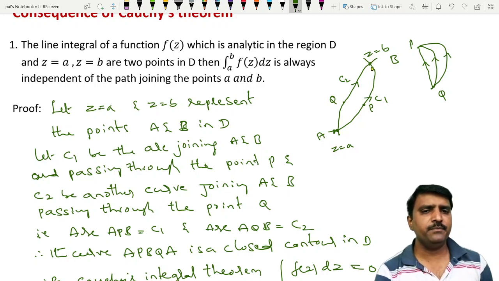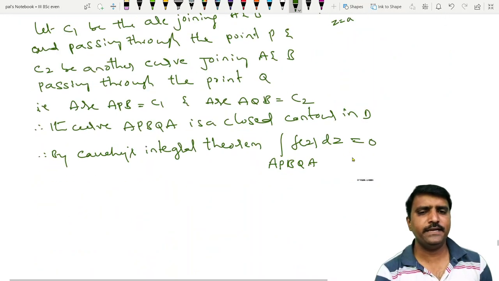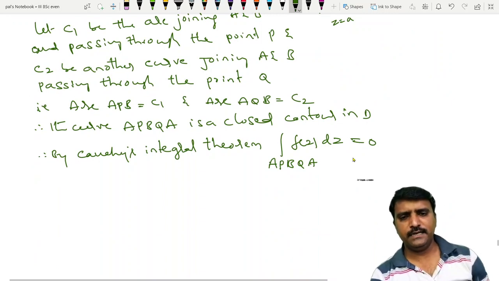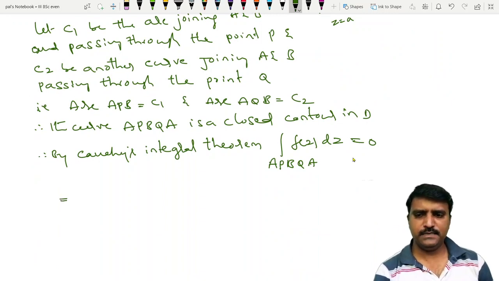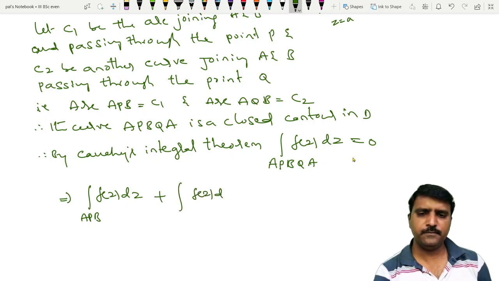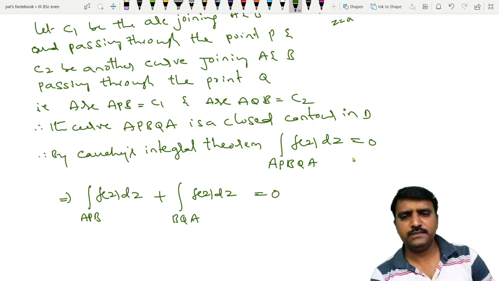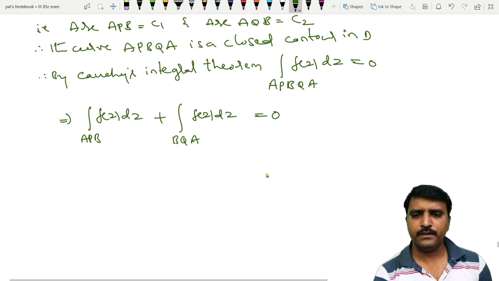First you can take APB and next you can take BQA. If we split like that, it implies that the integration of f of z dz over APB plus the integration of f of z dz over BQA is equal to 0 by using Cauchy's integral theorem.